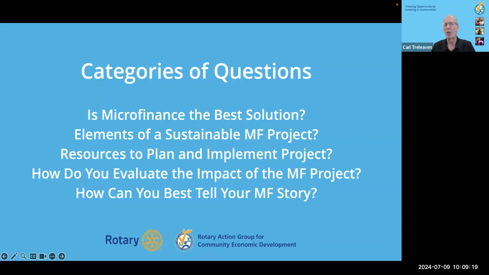So we've divided all the questions we already have into 5 categories. And the first one is, is microfinance the best solution for your situation? Second, what are the elements of a sustainable microfinance project? Third, what resources do you need to plan and implement a project?